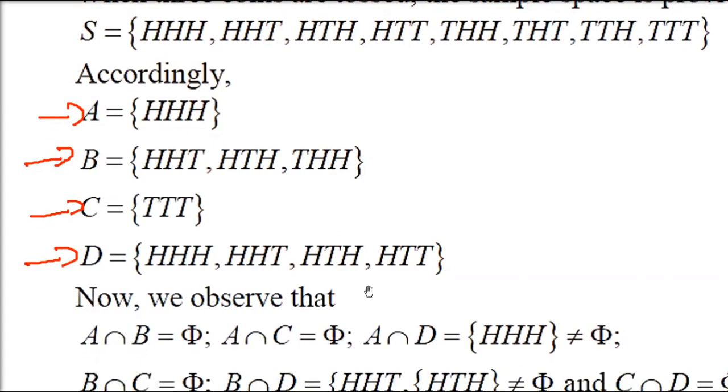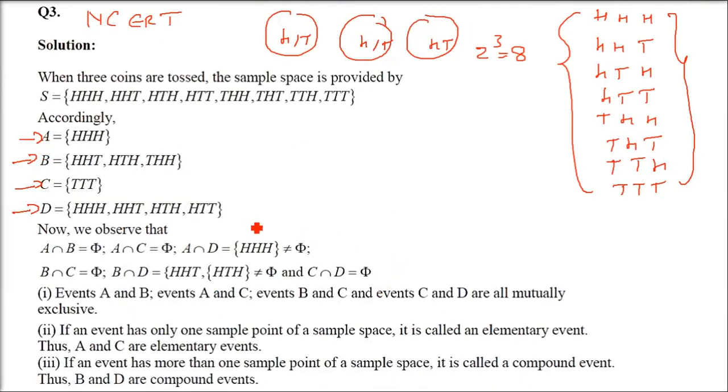Okay. Now the first thing asked is, which pairs of events are mutually exclusive? Mutually exclusive means we have to take the intersection of any 2 sets. If the intersection is phi, the null set, there is nothing common. That means these 2 are mutually exclusive sets.